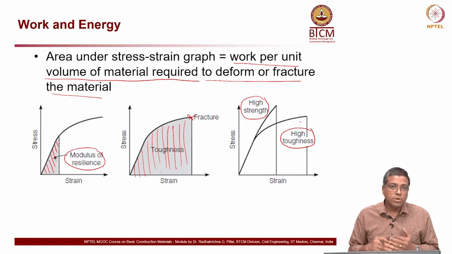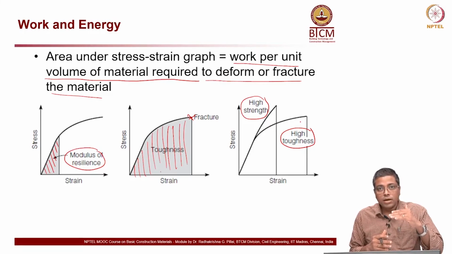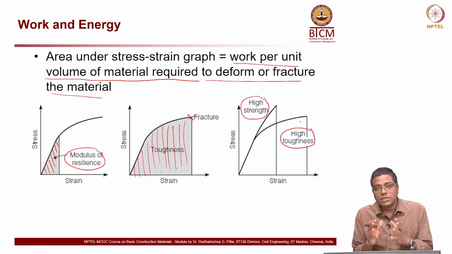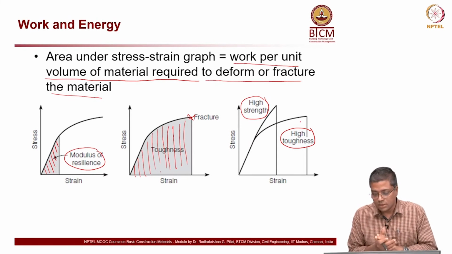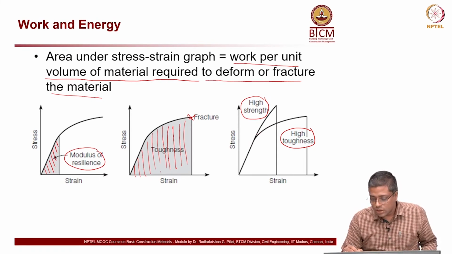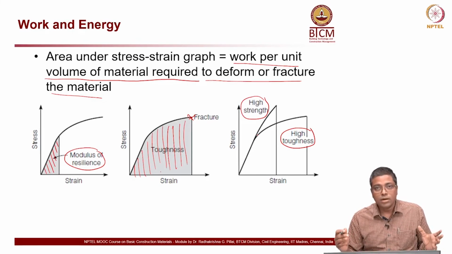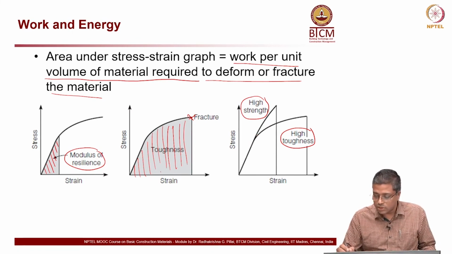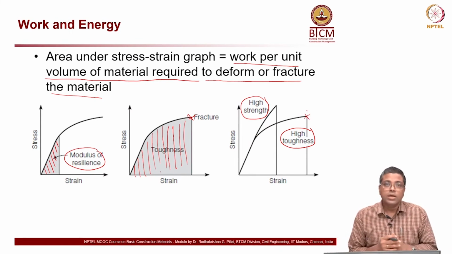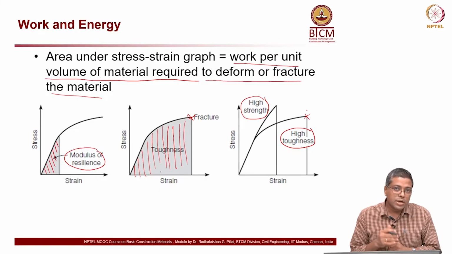Now, if you want to extend that collapse, because the collapse is essentially a function of the energy absorbed, then sometimes, like the case we discussed about earthquake resistant designs, you have to have systems with high toughness, so that it does not break into two pieces until a lot of energy is absorbed. Okay, so that's the case where we look for high toughness but not necessarily high strength material.